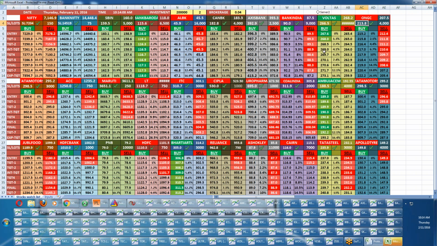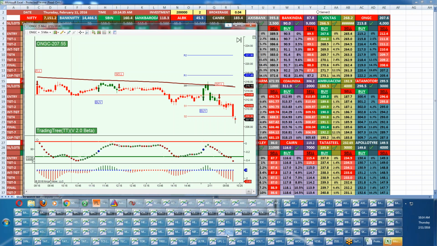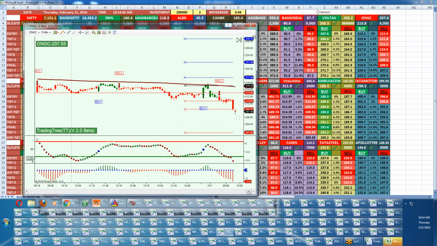So Reliance has done its intermediate target 955. There is a sell call in ASCL1.